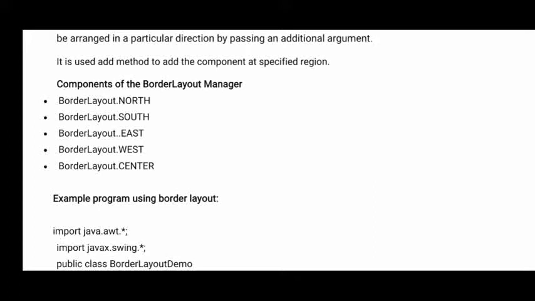Depending on the direction you want, you can select any one of these. As I already said, the frame window is divided into 5 regions: north, south, east, west and center. Based on where you want to display your component, you select this.